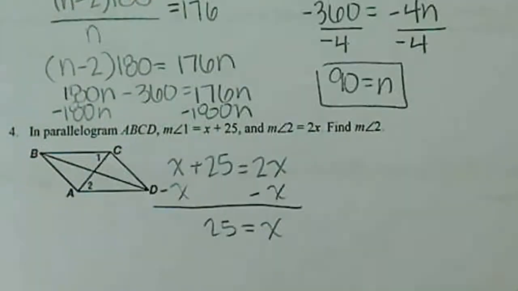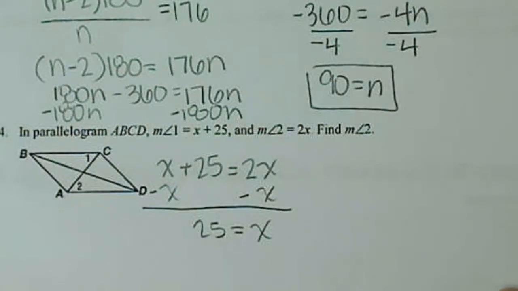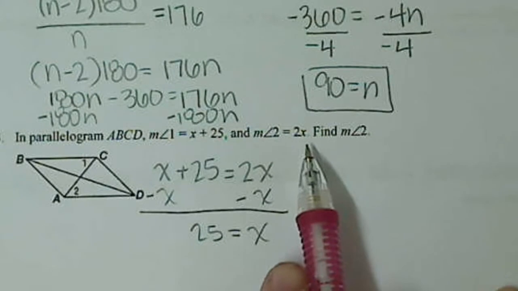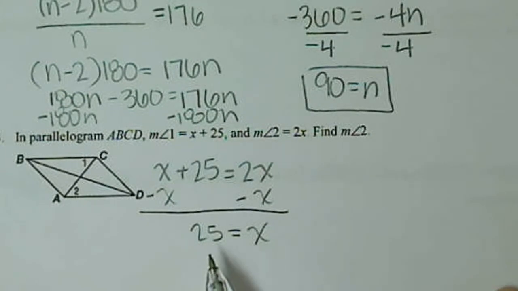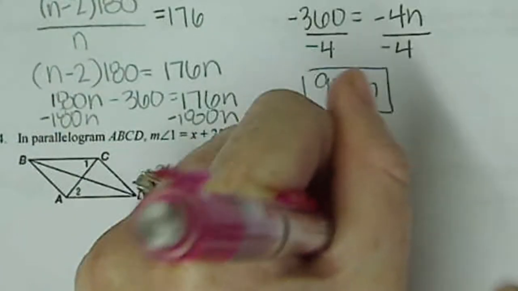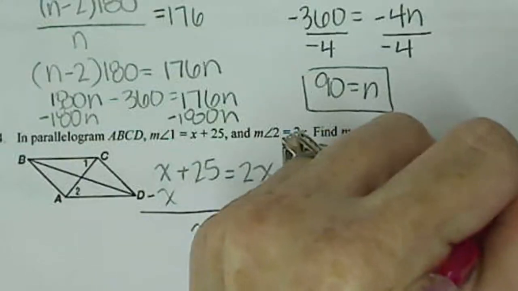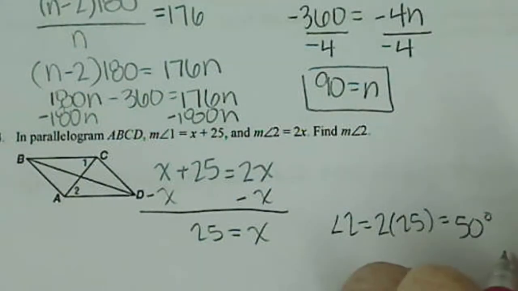Okay, x equals 25. Now that's great, but that's not what I wanted to know. I want to know what is the measure of angle 2. Angle 2 is 2 times x. Since x is 25, angle 2 is twice that, which is 50 degrees.